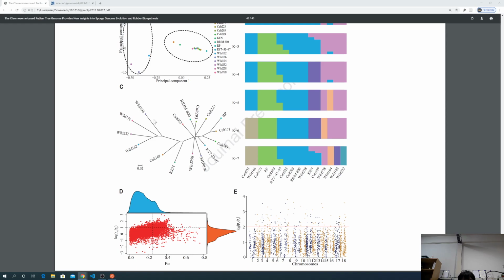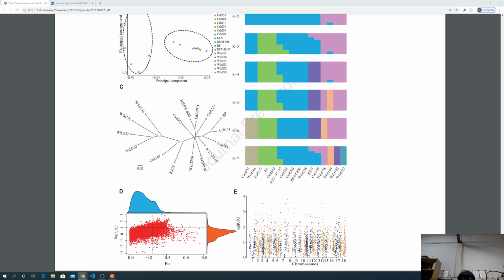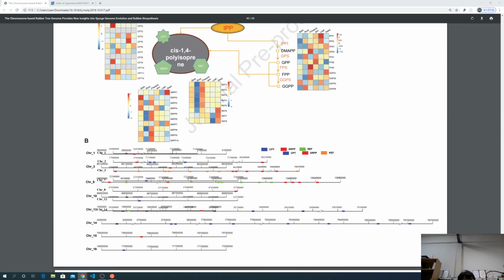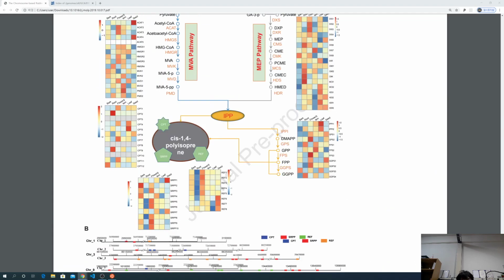So maybe they want to say that there are some genes clearly separating the cultivated and wild. Then maybe those genes are domestication related genes. That would be their point.